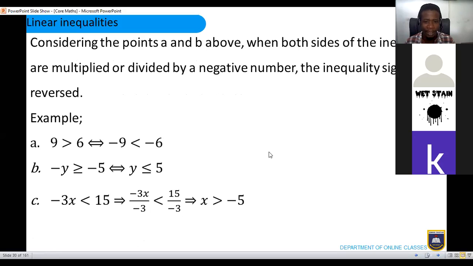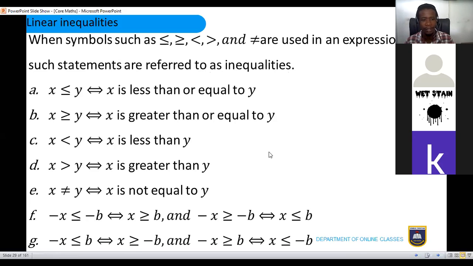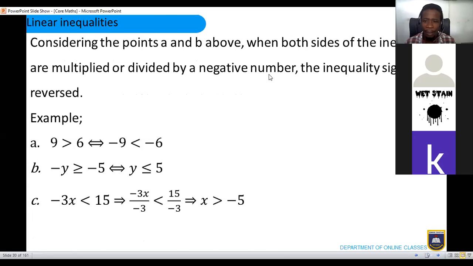Considering the points above, when both sides of the inequality are multiplied or divided by a negative number, the inequality sign is reversed.